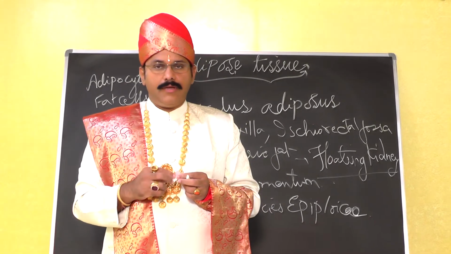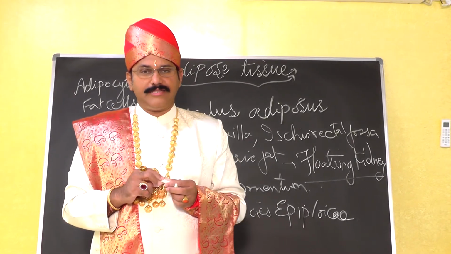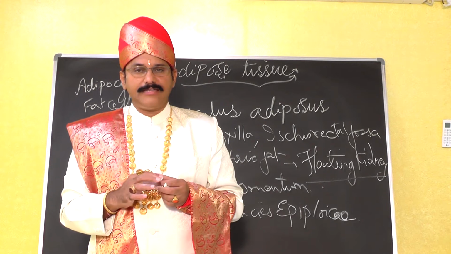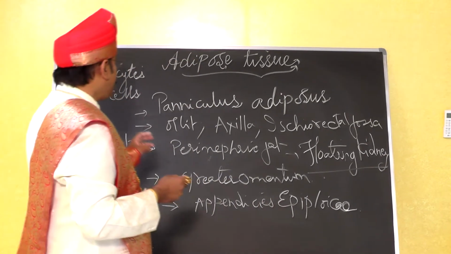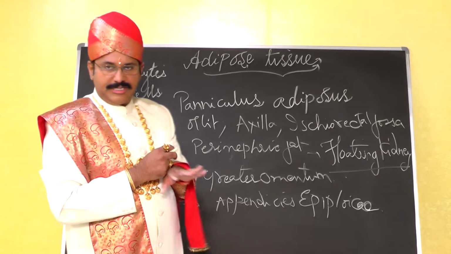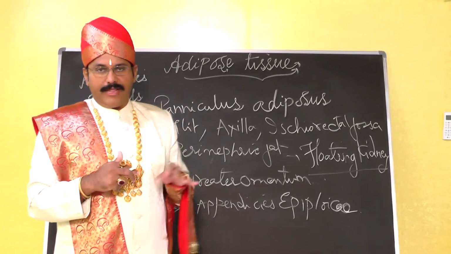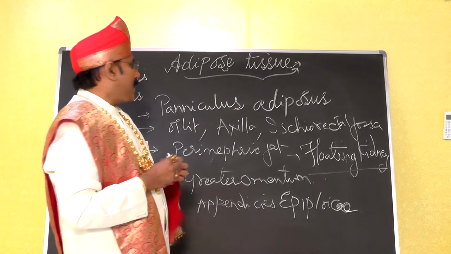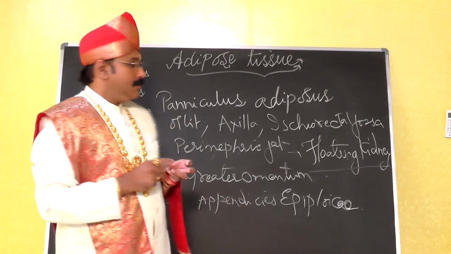Now, quickly, let us revise where the fat is present in the body and the regions where fat is absent. The fat is present in the subcutaneous tissue extensively throughout the body, and this subcutaneous fat is called panniculus adiposus, which is responsible for the smooth contour of the skin.